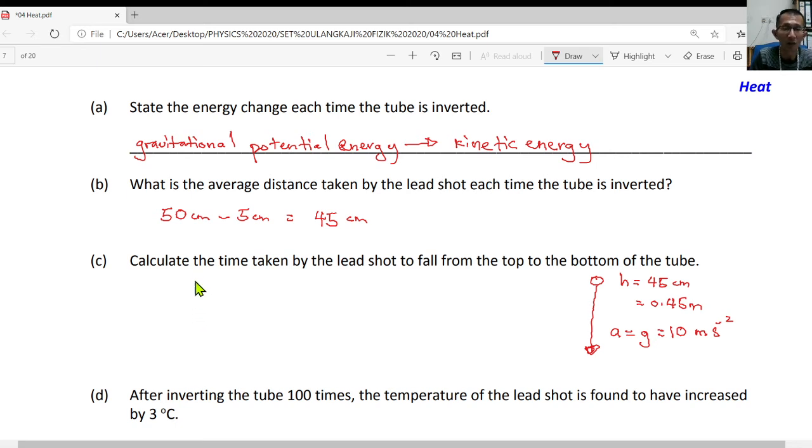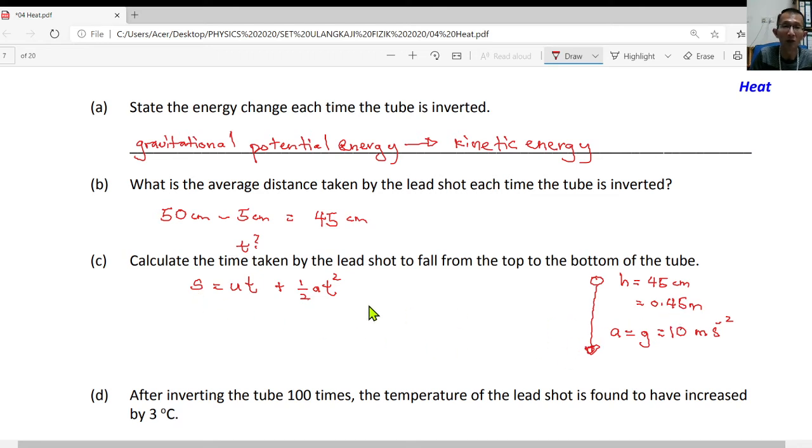Alright, so it is about our equation for linear motion. Remember this equation, S equals ut plus 1 over 2 at square, because we want to find the time taken. What is S? S will be the distance traveled, right?